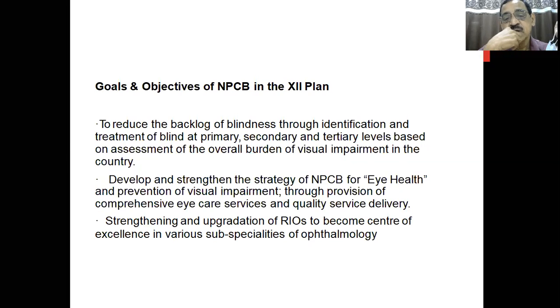So we'll have to make a survey and find out, and we'll have to reduce the backlog of blindness by proper treatment at the primary, secondary, and tertiary levels. And second one is to develop and strengthen the strategies of NPCB for eye health and prevention of visual impairment through provision of comprehensive eye care services, medical treatment or surgical treatment, and quality service delivery. So all these people will have to be given quality service delivery.